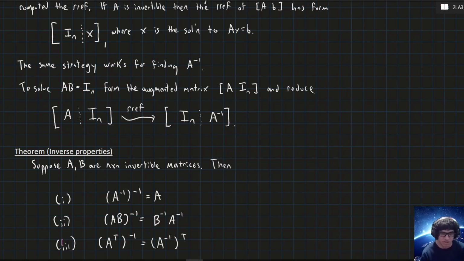And part 3 tells you how inverse and transpose interact. If you're taking the inverse of the transpose, it's equal to taking the transpose of the inverse. So you can just switch them here if you want.